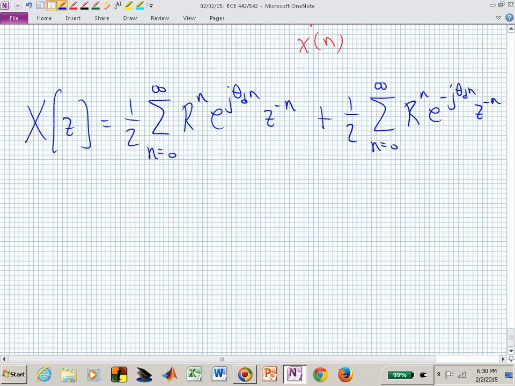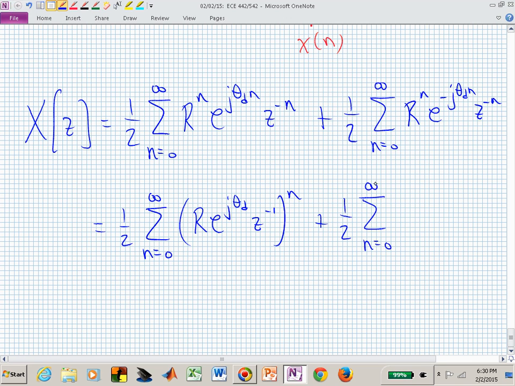Meaning, I can rewrite this as 1/2 sum from n equals 0 to infinity of r e to the j theta sub d z to the minus 1, to the n, plus 1/2 sum n equals 0 to infinity of r e to the minus j theta sub d z to the minus 1, to the n.